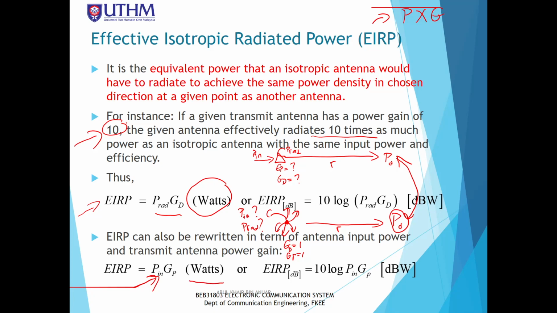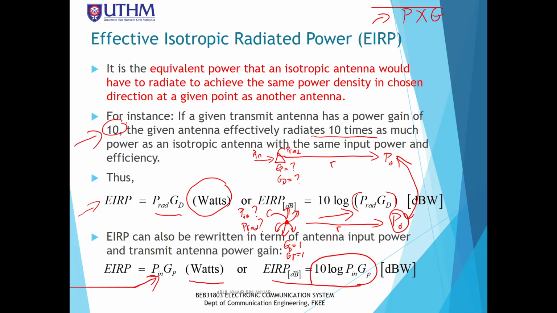If you want to write in decibel, EIRP is equal to 10 log P radiation multiplied with directivity gain, or in decibel, EIRP is equal to 10 log P input multiplied with power gain.